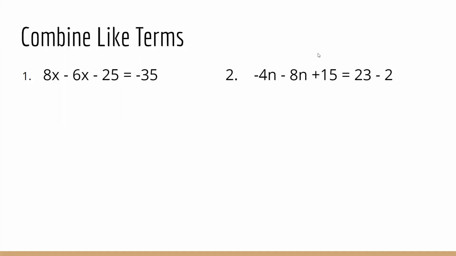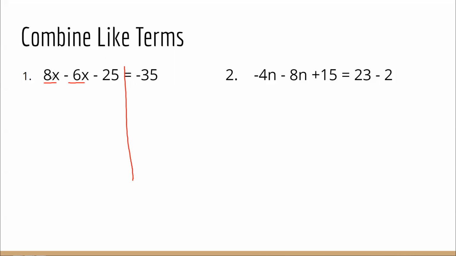Now we're to a point where we're going to actually be combining like terms. So we start off these problems the exact same way with drawing our line. Ooh, that was a really rough line. We draw our line, and then this time, since we have two variables, we have to combine them before we can do anything else. So I can see that these two are going to be like terms.